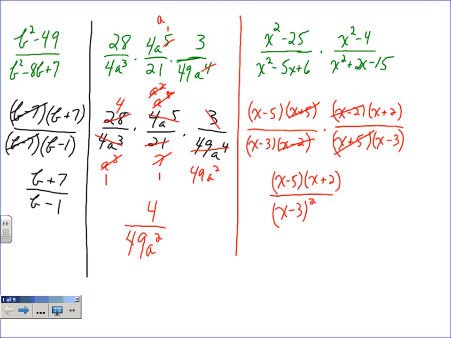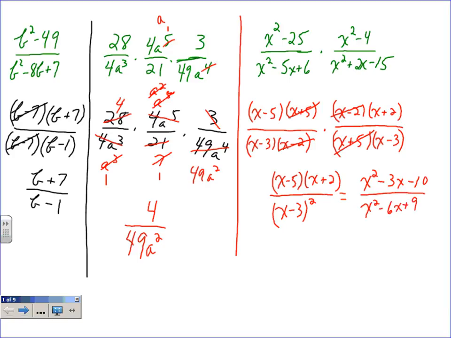Now you're going to see that I assigned the odd problems so that you can check answers in the back. I'm okay with leaving this problem in factored form. The back of the book is going to give you this answer, x squared minus 3x minus 10 over x squared minus 6x plus 9.